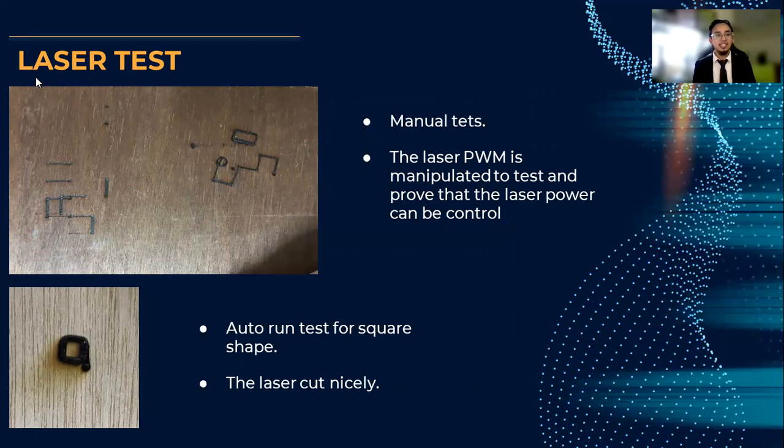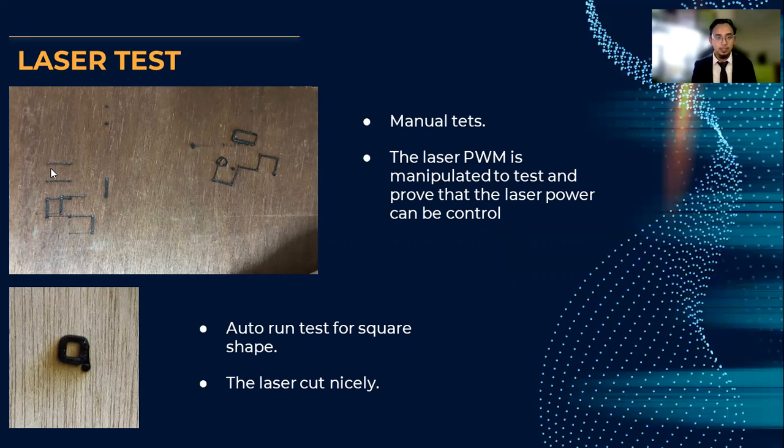Okay, this is the test that I have made for the laser module. As you can see, there is a heavy burn and there is a minor burn. The heavy burn is at full capacity of power, which is 100% power, so it can cause cutting if we move slower.